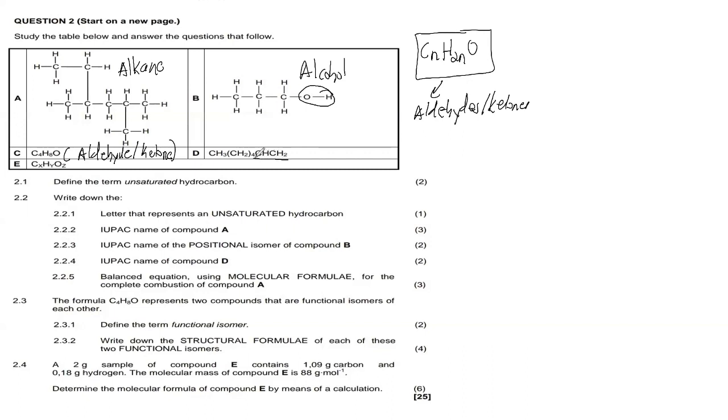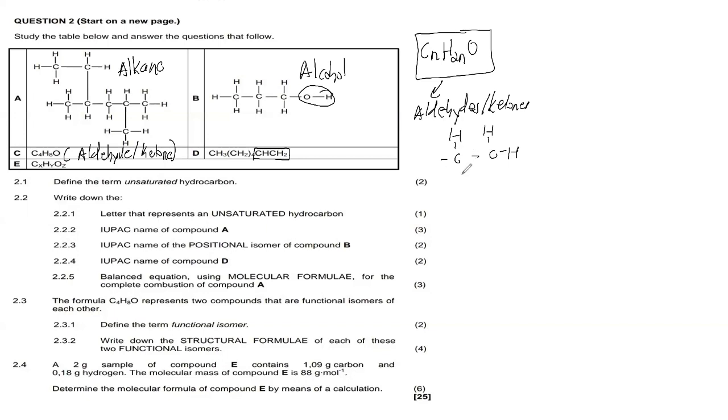And then D, we can say this is still a hydrocarbon, but looking at what we have here, we can form a double bond. Let's break it down. This is C bonded to an H, and then another C bonded to 2 hydrogen atoms. But the number of bonds here is not complete, because remember, the number of bonds around the carbon atom should always be 4.